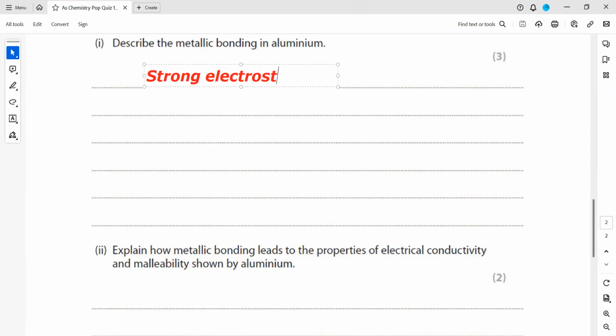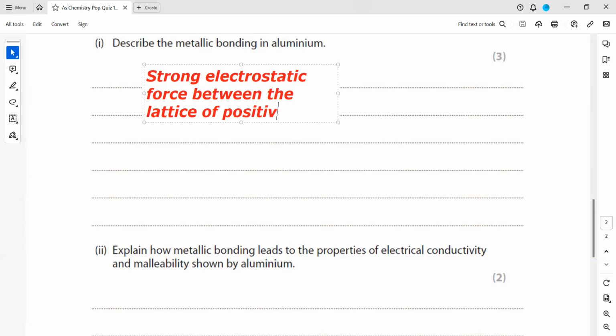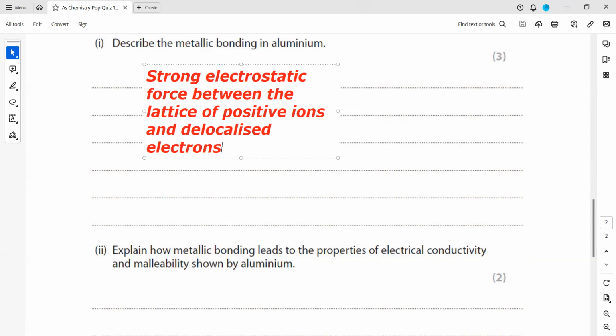electrostatic force between the positive ions or the lattice of positive ions and the delocalized electrons. And what happened in this structure?